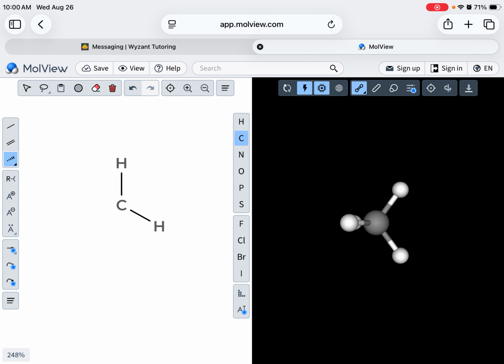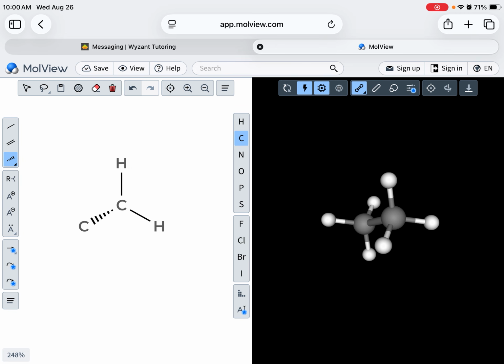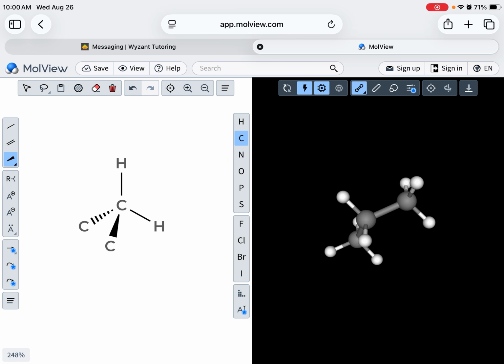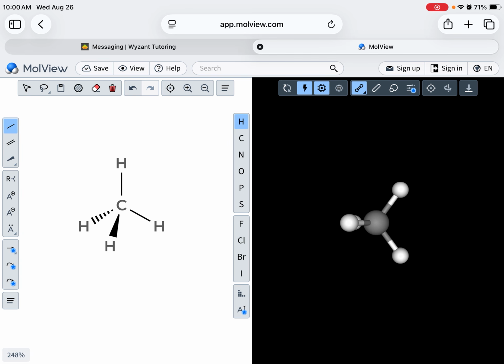And then you would draw your dash bond like this, and your wedge bond like this. And then we would just change those back to hydrogens, so we have methane. And that's how you would draw that molecule. And you can see that these two hydrogens right here are in the plane, when I rotate the molecule like that.